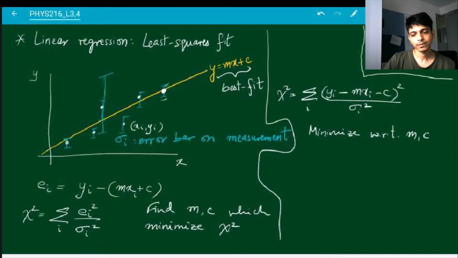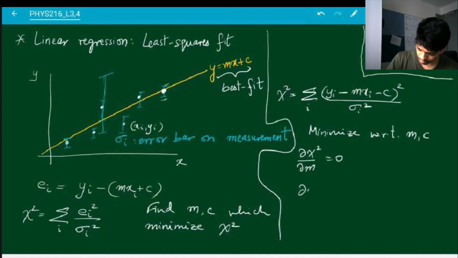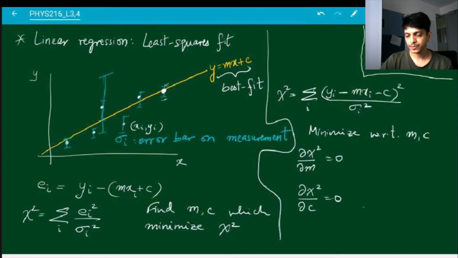For that, you know how to take a minimum. You take the partial derivative with respect to m and with respect to c. We are going to do this, and we will get some relations between m and c from these two conditions. So let's work it out and see what we get.